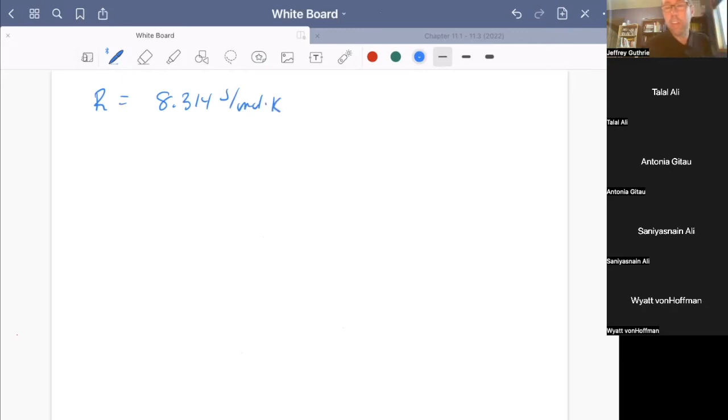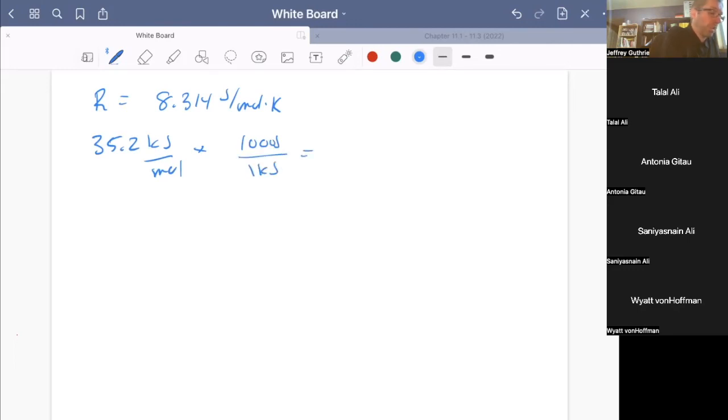So that's telling us that our delta H has to be in joules. It's given to us in kilojoules. So we're going to have to convert 35.2 kilojoules per mole to joules per mole. To do that, we can just multiply by 1,000 joules per 1 kilojoule.